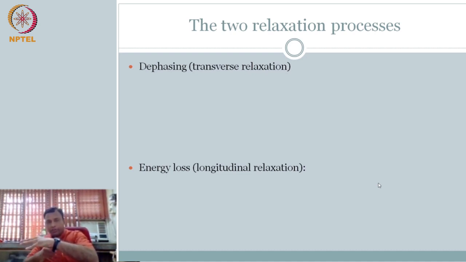We'll talk about the physics of how. Then the other one is energy loss. When you start to lose energy, your Z component is going to increase. That is your longitudinal relaxation. The extra energy that you put in is lost, and it will come back to its resting state in the static magnetic field. So there are two aspects of relaxation.